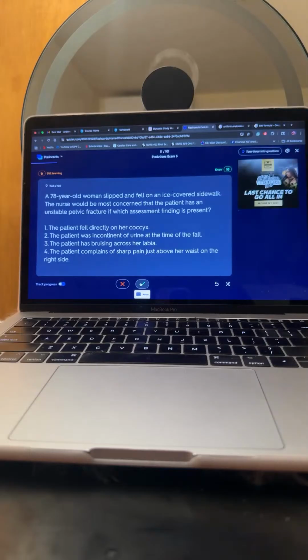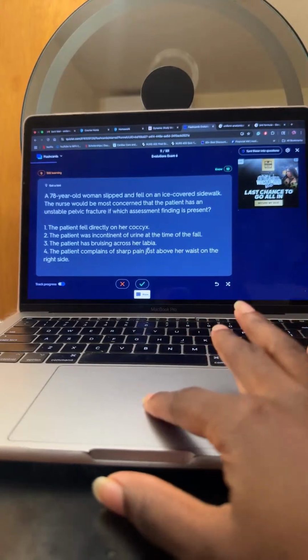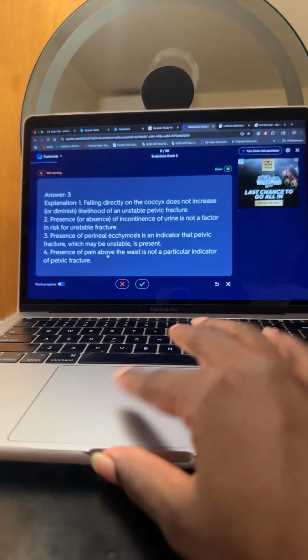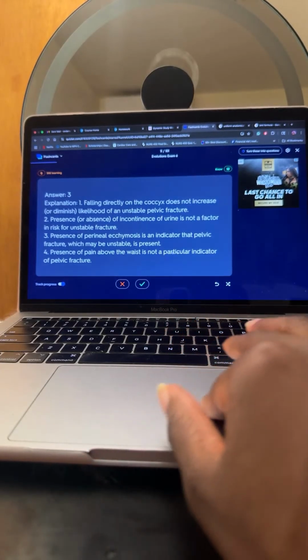The patient has bruising across her labia, or the patient complains of sharp pain just above her waist. I was looking over the slides, so I definitely know it's going to be 3, because presence of perineal ecchymosis is an indicator of pelvic fracture, which may be unstable. Presence of pain above the waist is not predictive.